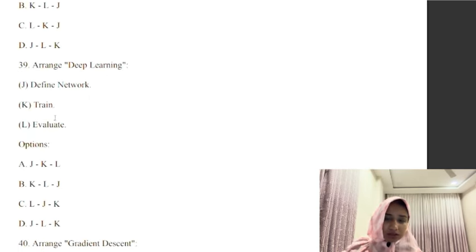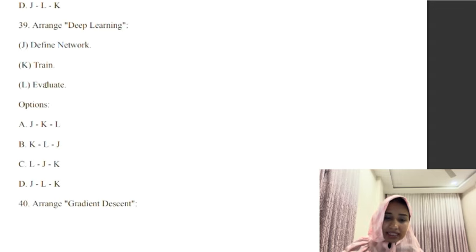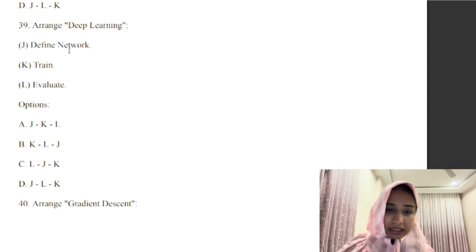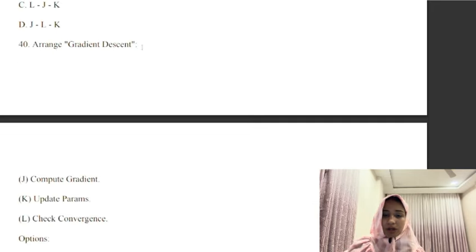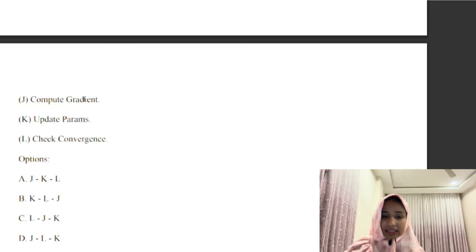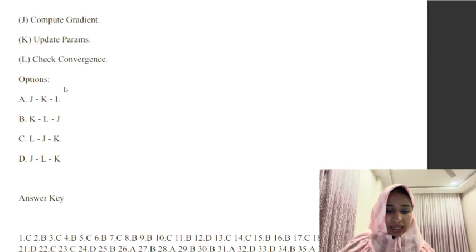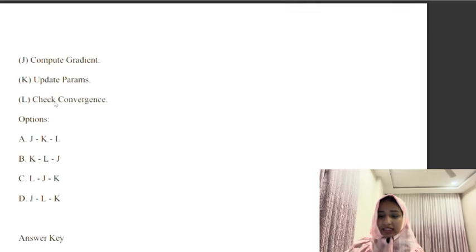So the answer for question number 39 is A, J, K, L, means define network, train, and then evaluate. Question number 40. Arrange gradient descent, compute gradient, update params, check convergence. And the answer is again A, J, K, and L. So compute gradient, update params, and check convergence.